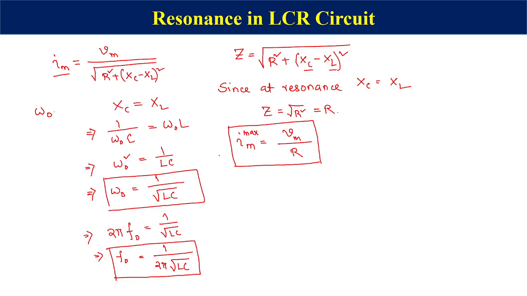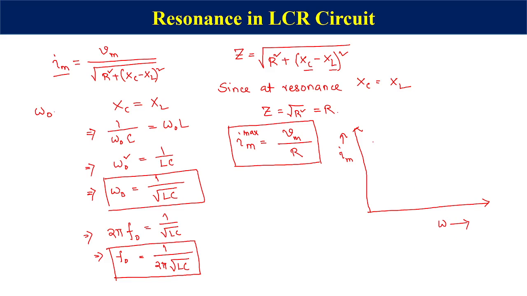In that case we say that the resonance condition in the series LCR circuit has occurred. So if I have to plot this, we can plot it like this. For example, this is the I max, which is varying with the frequency of the applied source.